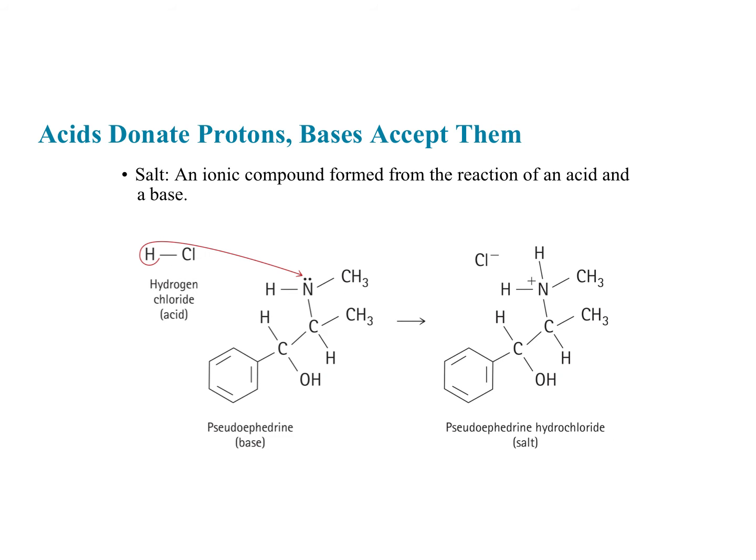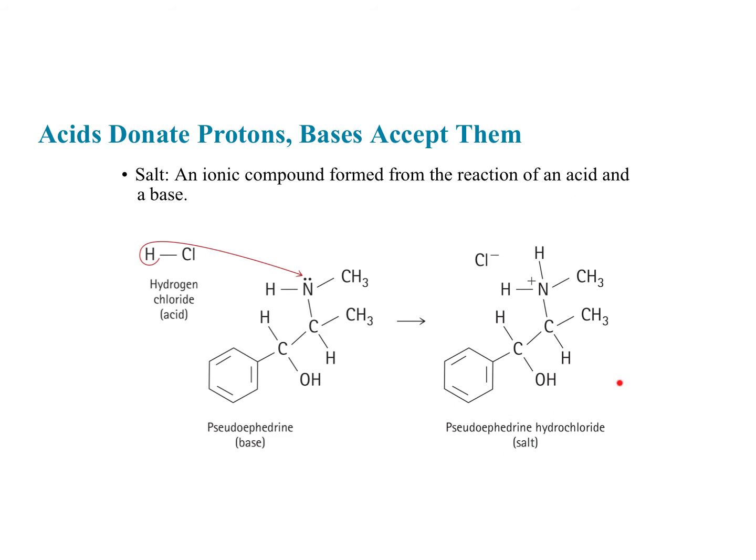Here is another example of a salt. You can have hydrogen chloride mixing with pseudoephedrine, and you end up with pseudoephedrine hydrochloride, which is a salt. So you're mixing an acid with a base, and you end up with a salt.